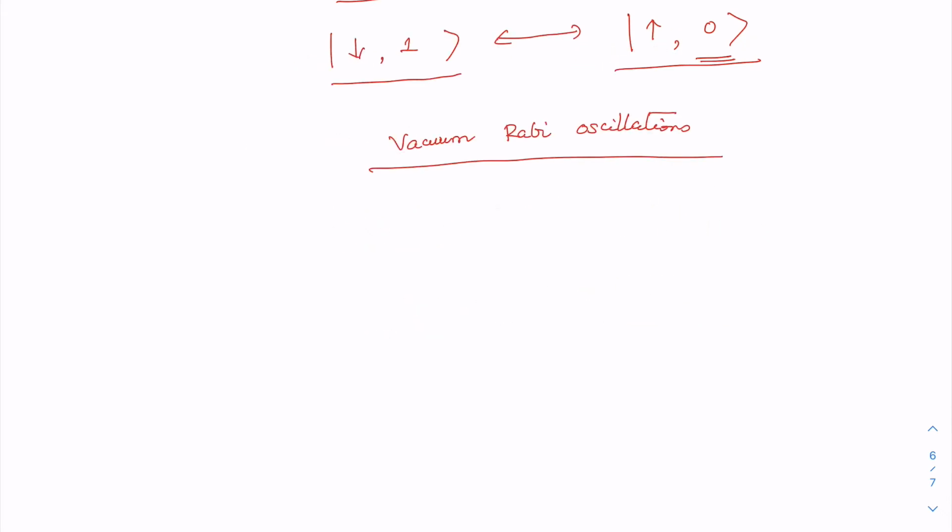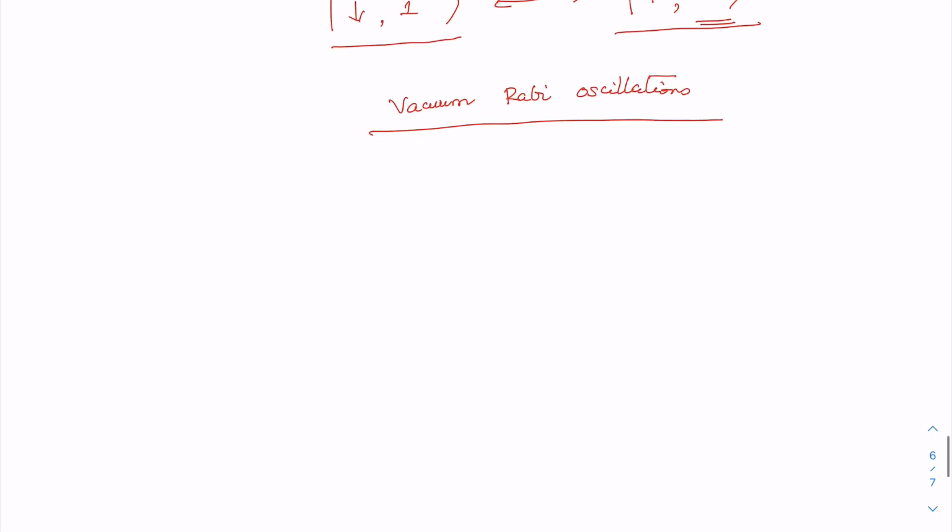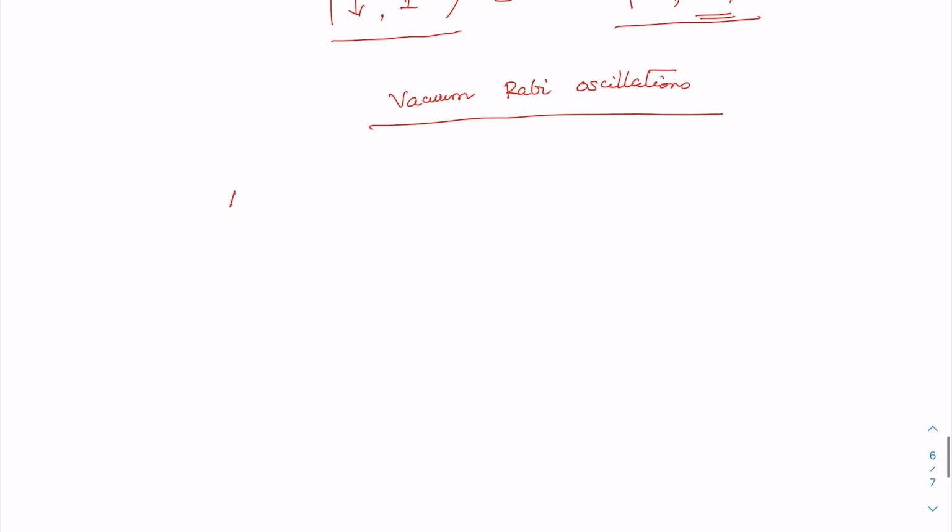Let us consider another important situation, when the detuning parameter is very large. The detuning parameter Δ, which we defined as ω_atom − ω, where ω_atom is the atomic transition frequency and ω is the field frequency, is very large compared to the coupling strength between the atom and the field. This is actually a very useful case.